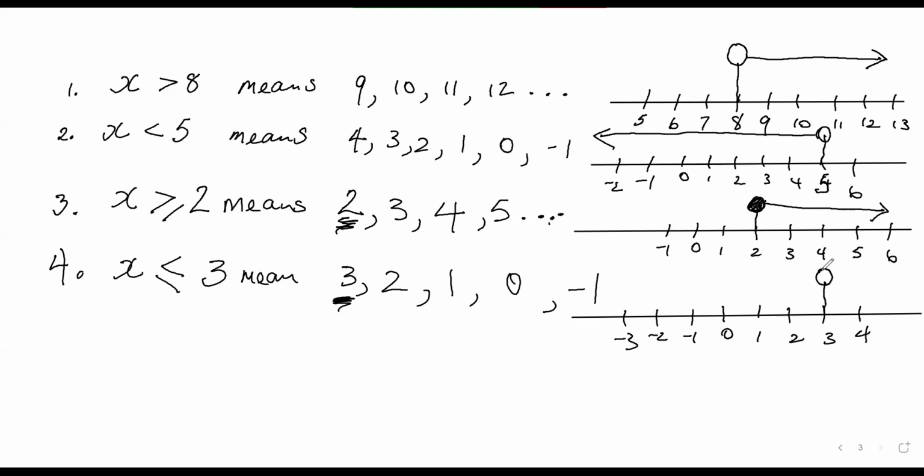It's less than, so I'm going this way, but notice it's less than or equal to 3. So I must include 3. To include 3, I must make a solid circle. So it's solid. Everybody understands that?